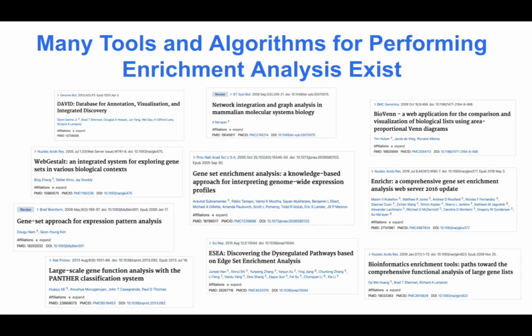With that being said, there are many, many different tools and algorithms that already exist for performing enrichment analysis. I have put up just a few of some very well-known papers and tools that are already published. Each of these tools will have their own method or computation for enrichment analysis.